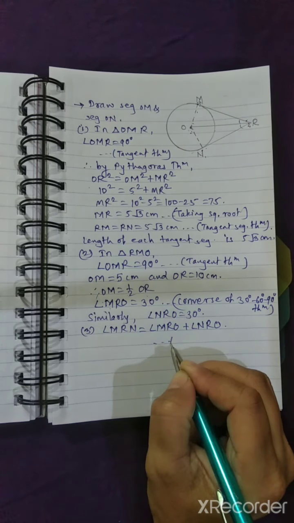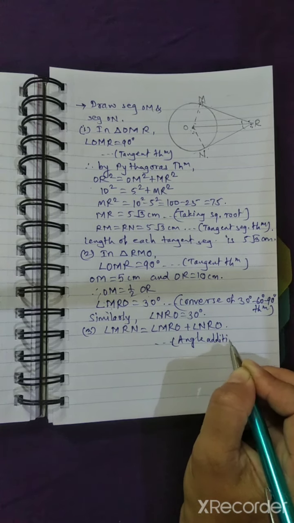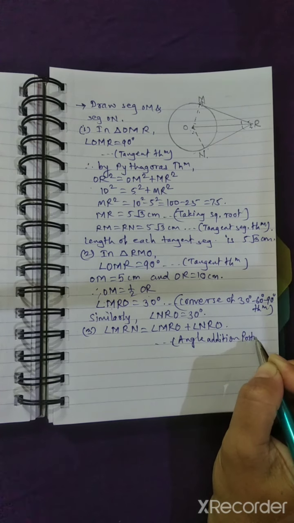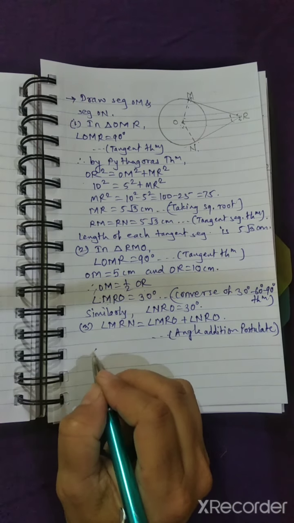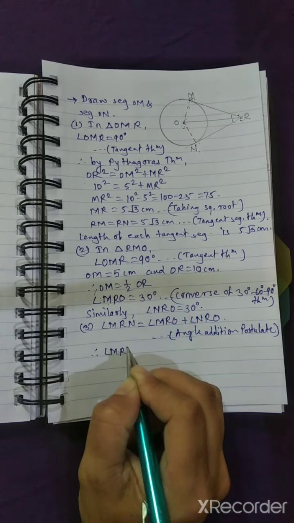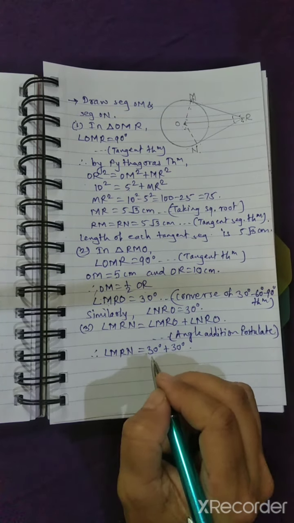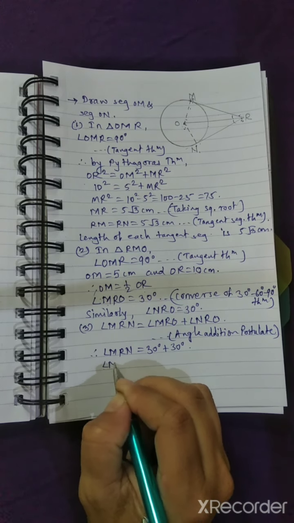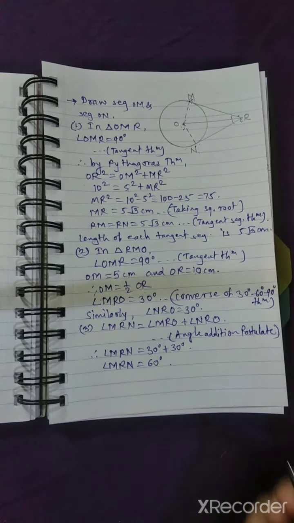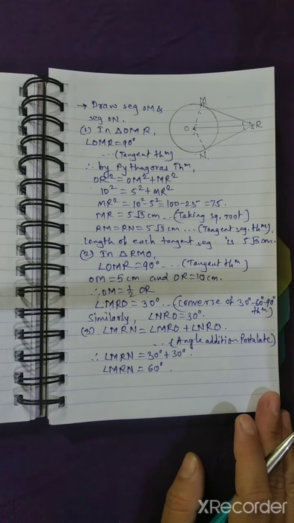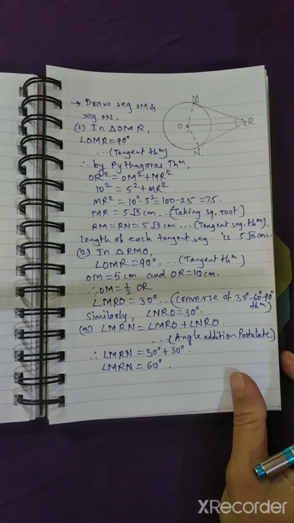By angle addition postulate, angle MRN is equal to 30 degree plus 30 degree. Therefore, angle MRN is equal to 60 degree. So that we have found out the first sum, second sum and third sum.